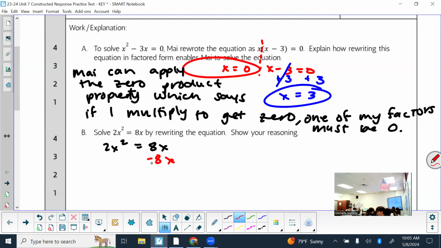You can subtract it, whatever you do on one side of the equal sign. And now on the left side, these are not like terms. It's an x squared and an x to the first power, so I can't combine them. I'm just rewriting it. Notice that you can't just do 2x² plus 8x, you have to cancel it out in order to move it to the same side.